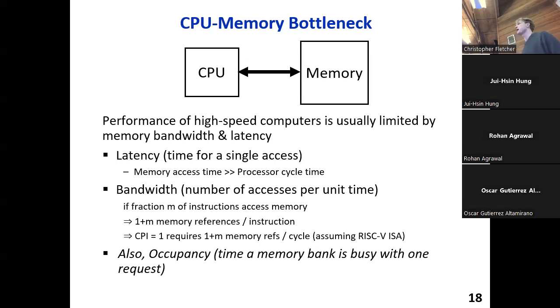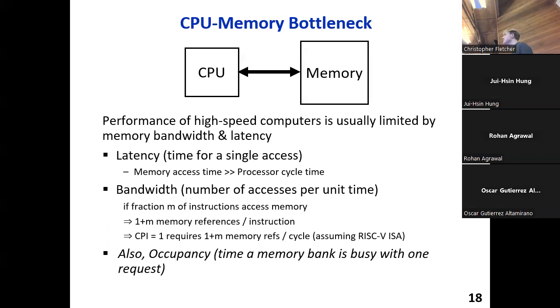So going back to our 5-stage pipeline and looking at CPI, you'd immediately have a CPI not of 1, but of 1 plus whatever this very large memory access latency is. So in this simplistic design, we're completely bottlenecked by memory.